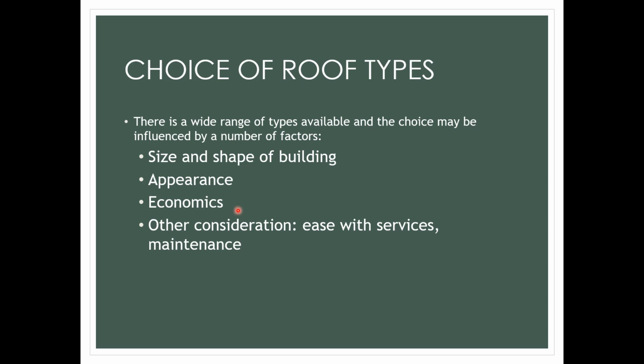If we have extra budget to allocate for the roof to be more futuristic or more sustainable, or any requirements requested by the client, it depends on the budget. And then other considerations are services and maintenance. This has to be one of the important things to consider when we decide to choose any type of roof. Okay.